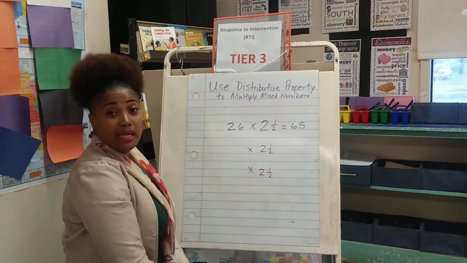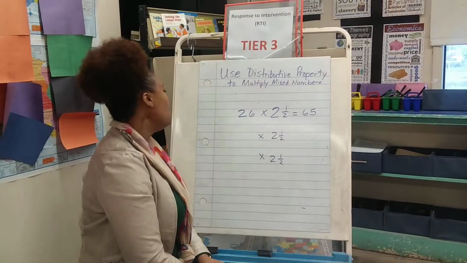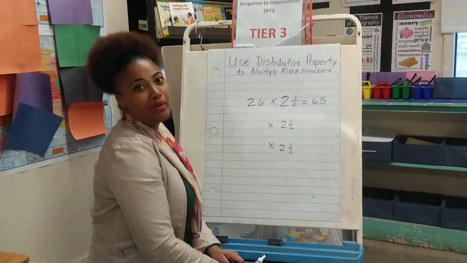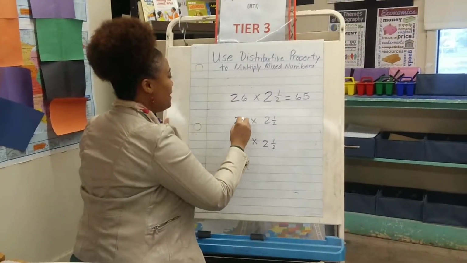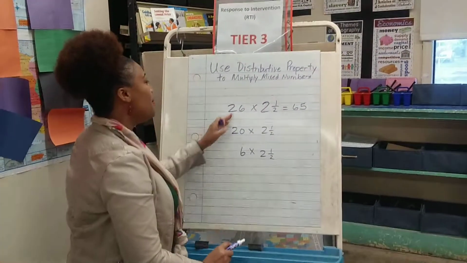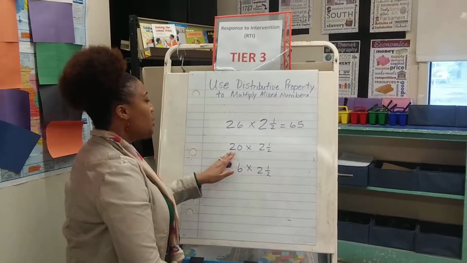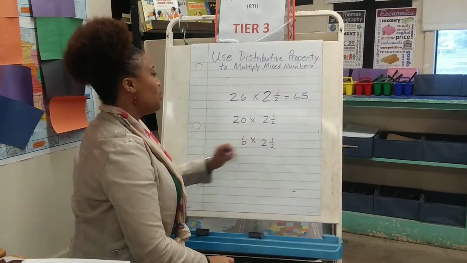I can do 20 plus 6. So I'll let my student who is holding the camera tell me what two numbers he wants to use. What two numbers do you want to use? 26. Okay, let's do 20 and 6. We decomposed the first factor, kept the second factor the same. So we have 20 times 2 and 1/2 and 6 times 2 and 1/2.